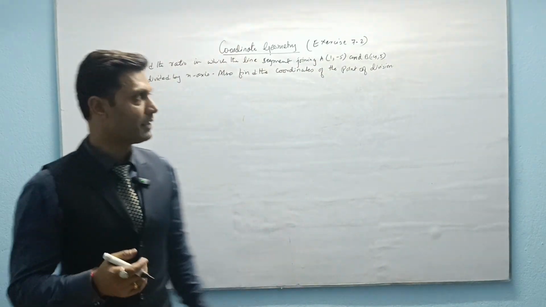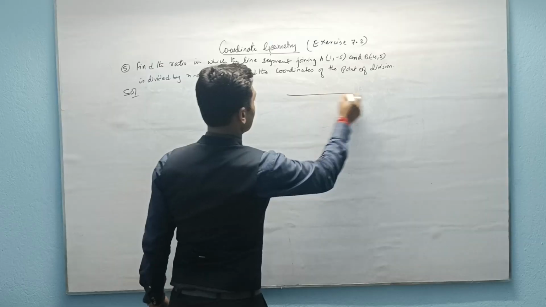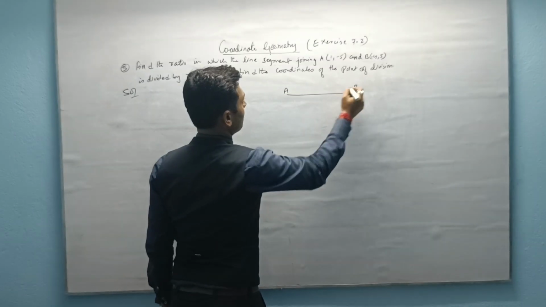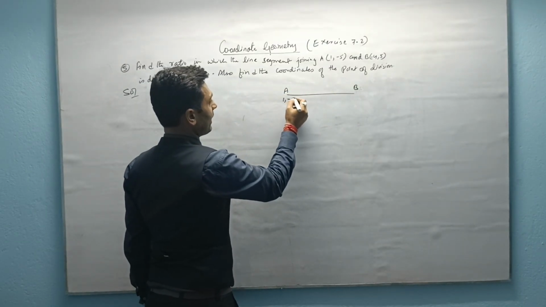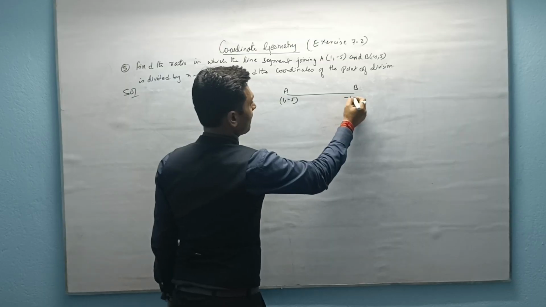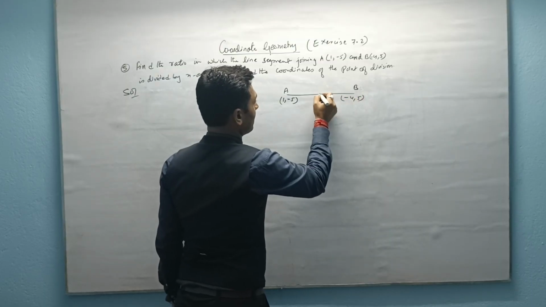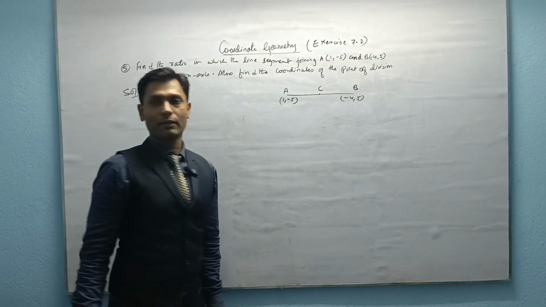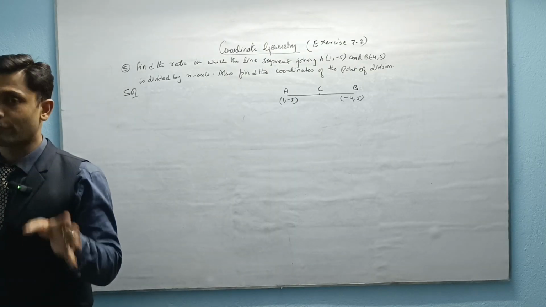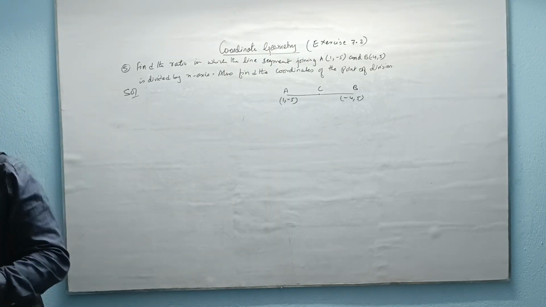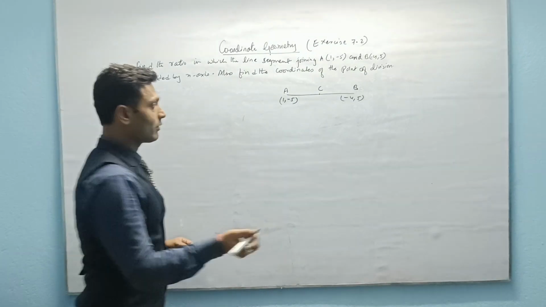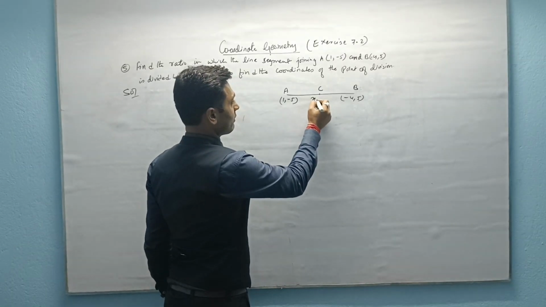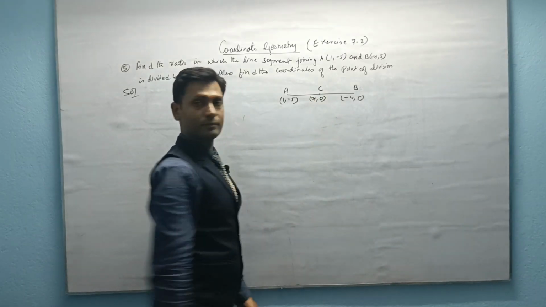So let's say this is the point A, this is the point B, (1, -5) and (-4, 5). It is divided by the point C. And this point C lies on the x-axis, right? So that means the y-coordinate is 0. So this will be (x, 0). Clear?